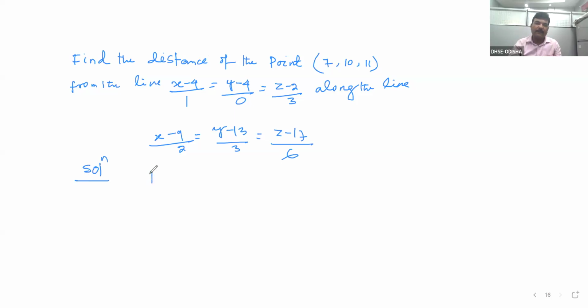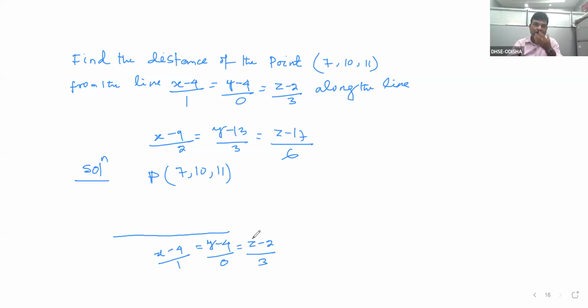Suppose point P has coordinates 7, 10, 11. This is the line (x minus 4) upon 1 equals (y minus 4) upon 0 equals (z minus 2) upon 3. Okay.